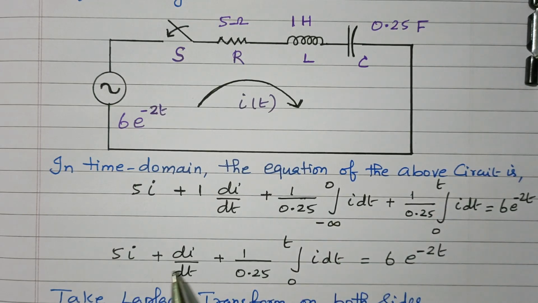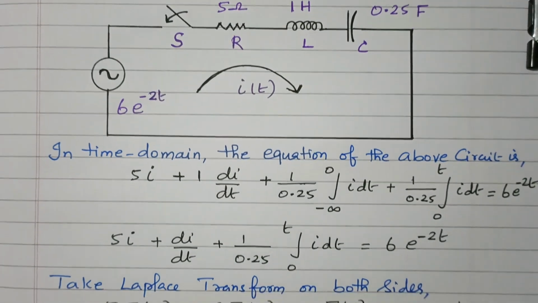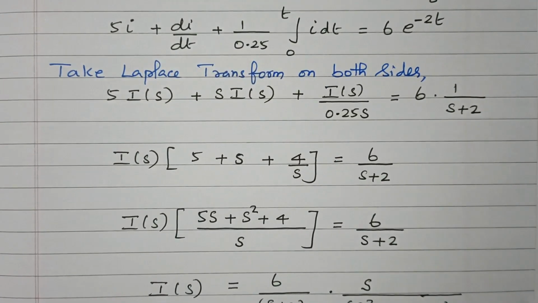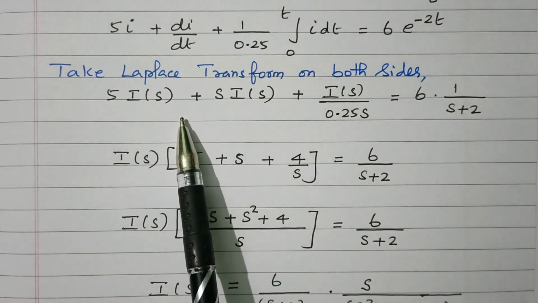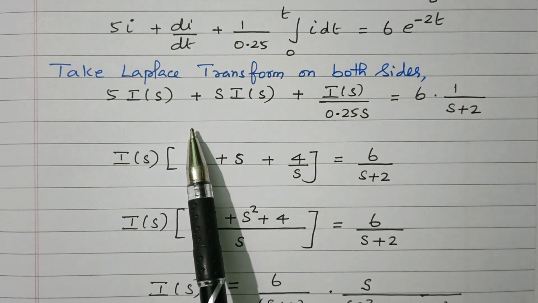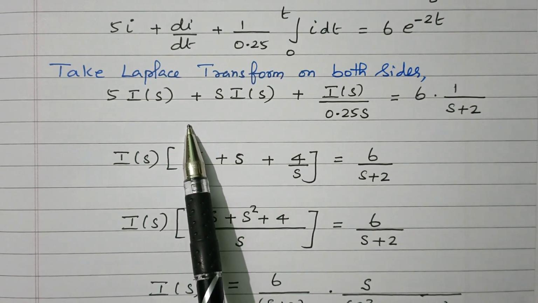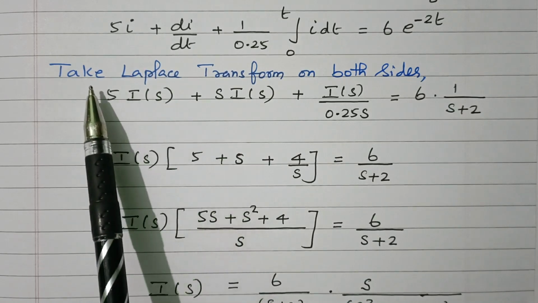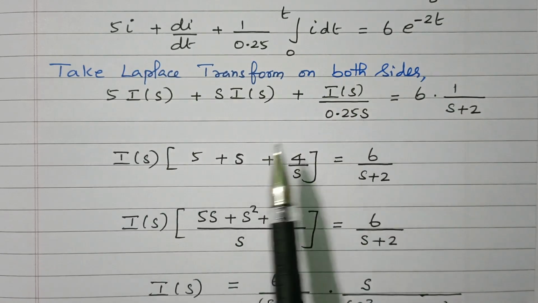So 5i plus di by dt plus 1 divided by 0.25 integral 0 to t i dt equal to 6 e power minus 2t. Now we need to take the Laplace transform in order to convert from t domain into s domain. After simplification, we have to take inverse Laplace so that we'll get the current in t form, that is the transient current. Now we'll take the Laplace transform on both the sides.